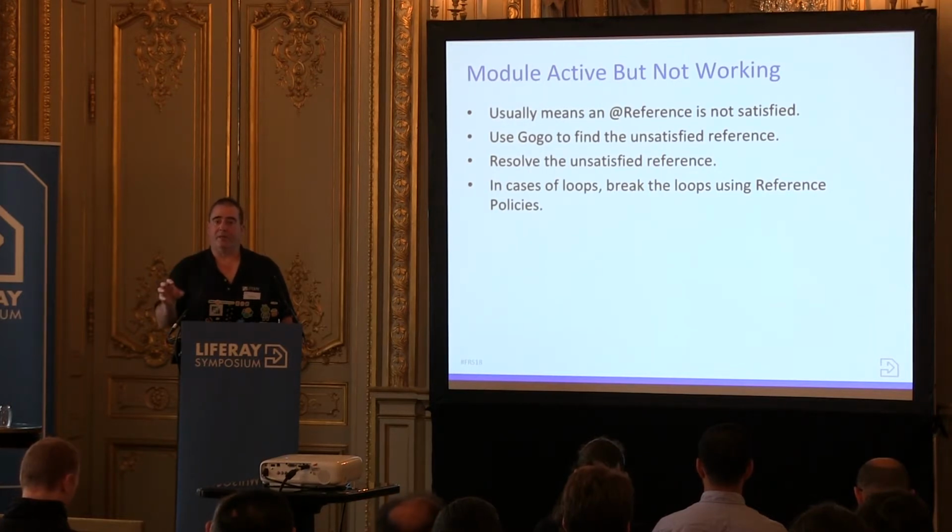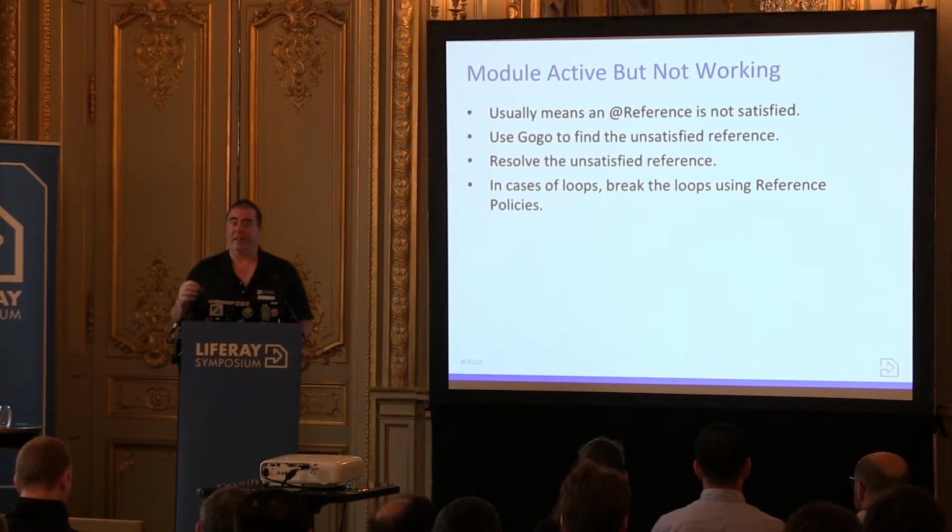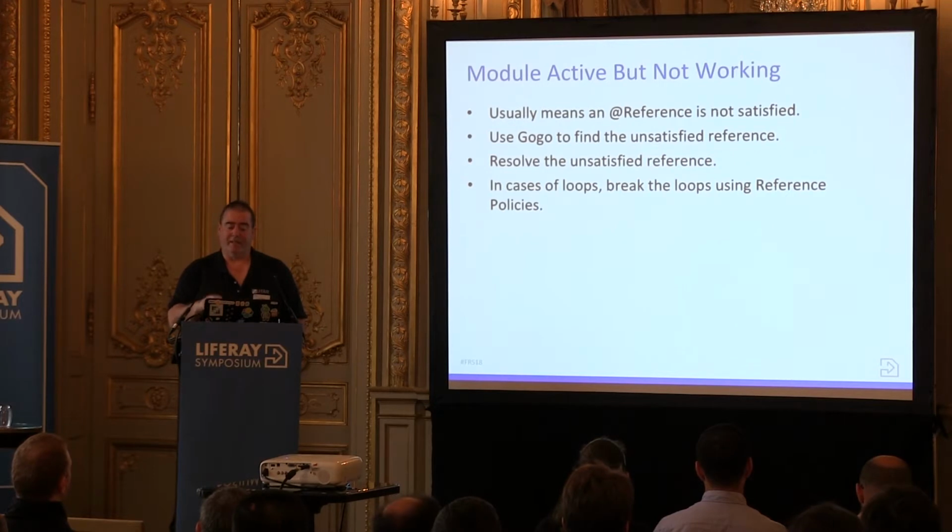You have to drop into Gogo and identify those services that are not started, find out why they're not started, what reference hasn't been satisfied, and make sure that it's available. It could be a reference to a service that isn't available or was stopped or just not deployed yet, but you have to be able to identify those and solve them.